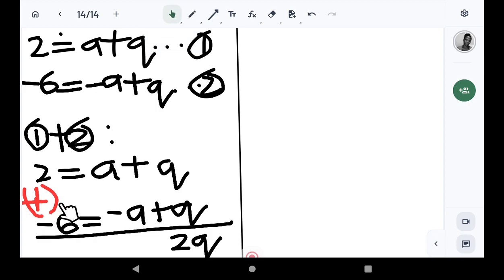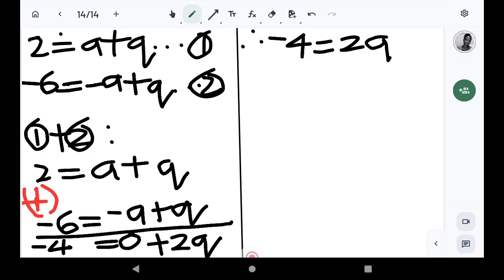A plus negative A is A minus A, which is 0. On the left, 2 plus negative 6, that is 2 minus 6, which is negative 4. So therefore, now I've got negative 4 equals 2Q.